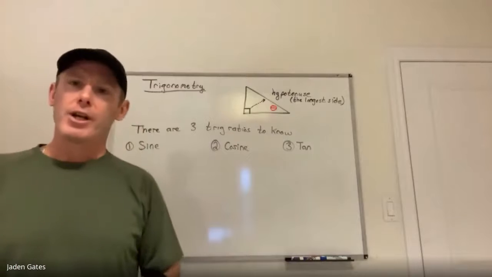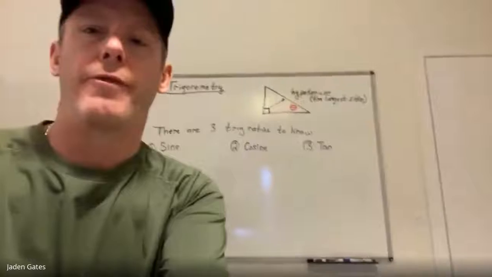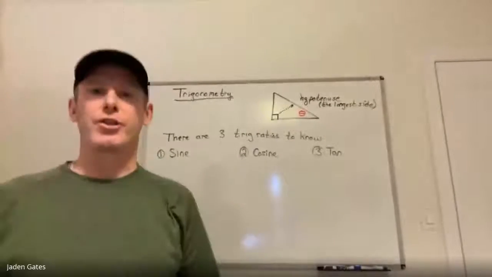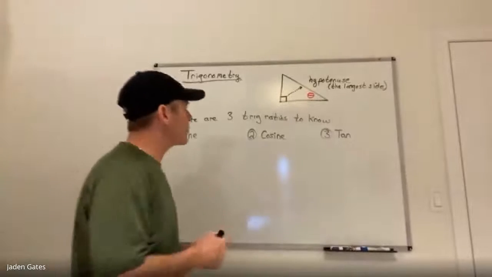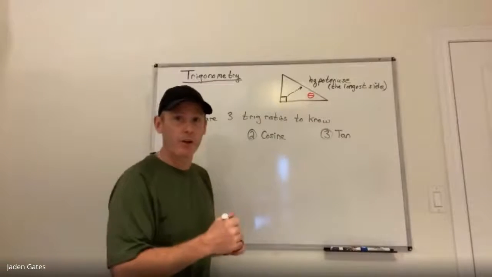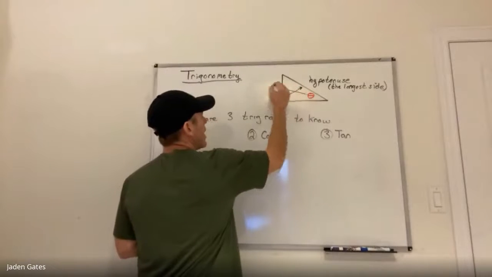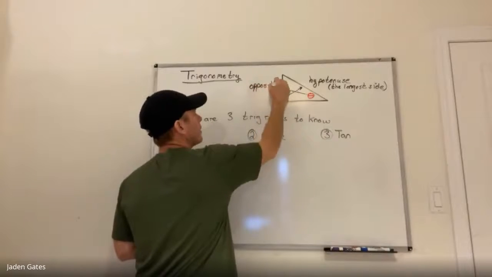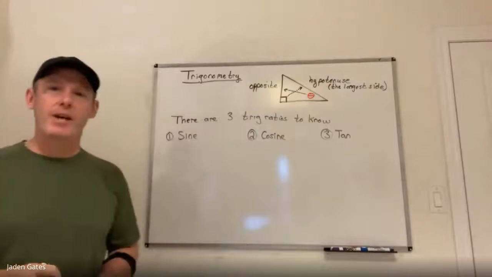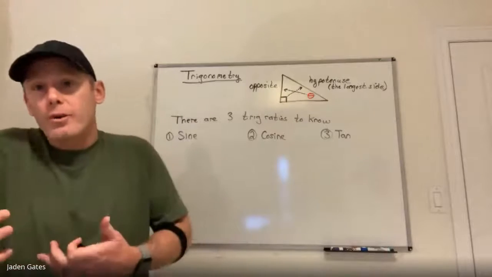That's a Greek symbol called theta, which is just used as notation to say that that is just some angle. Now, when you have the side across from that particular angle, and so in this case, my red angle, that is called the opposite side. All right, so again, that is the side that is across from the angle that we know or the angle that we're trying to find out.